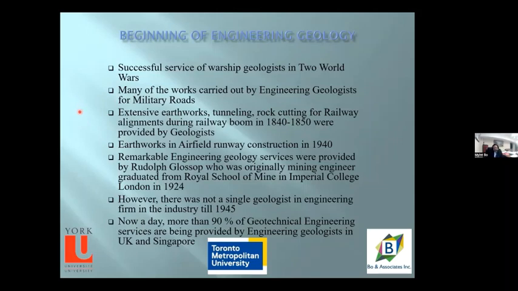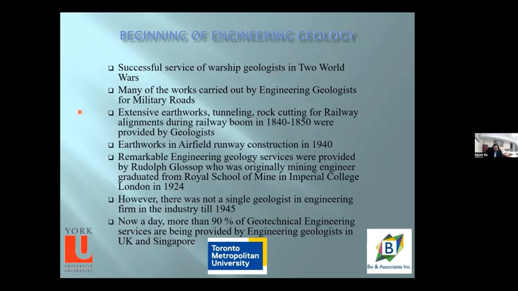Engineering geology as a subject began with the very successful service of the warship geologists in the two world wars. Many of the works carried out by engineering geologists for military road construction, extensive tunneling, and rock cutting for railway alignment during the railway boom in the mid-19th century, between 1840 and 1850, were provided by geologists. There were also earthworks in airfield runway construction in 1940.